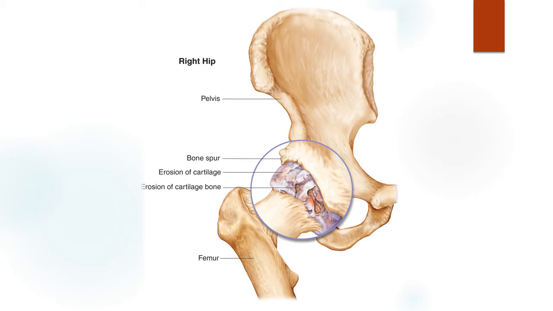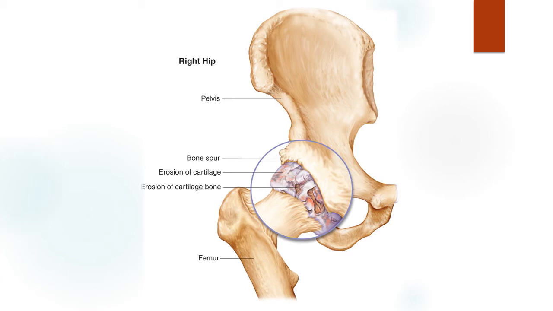Well, as the joint space starts to narrow, we start to see changes in the adjacent bones themselves. Now, we can't see on this particular diagram because this is not an X-ray, but we would typically see on X-ray changes in the subchondral bone up here in the surface of the acetabulum, and changes in the subchondral bone here below the articular cartilage of the femur.